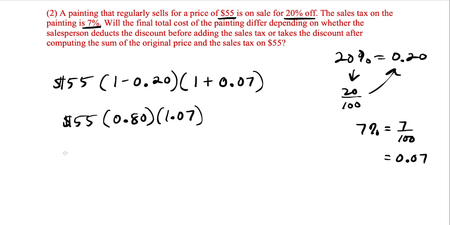So what we have to consider is what happens if we take this painting and we apply the tax first. That means we're going to multiply by 1.07 first, that's the 1 plus 7%, and then we do 20% off, which is going to ultimately lead us to multiplying by 0.80. Is this going to be the same thing? Well, one comment we can make here is that these two quantities are equal.